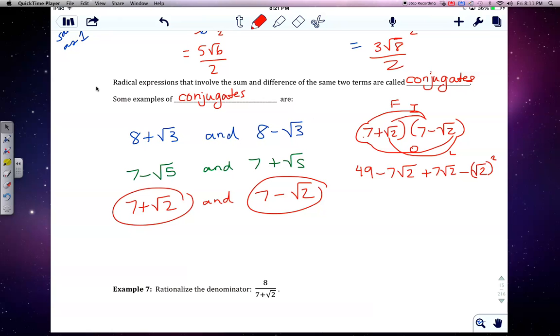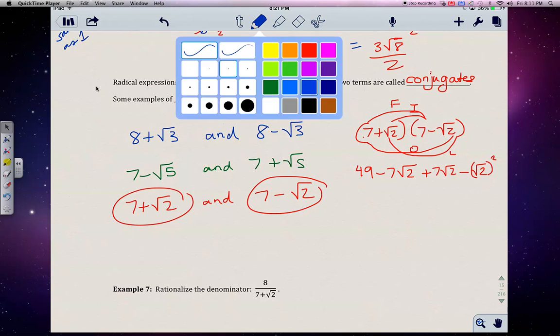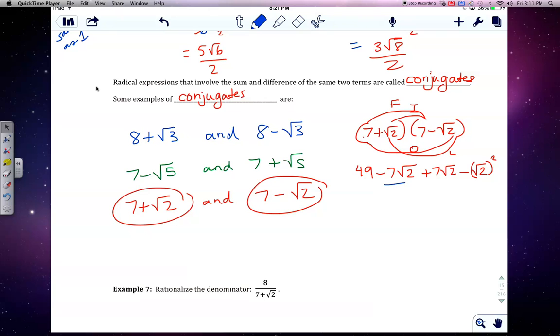Look at this carefully. These two together would add to 0, so negative 7 square root 2 plus 7 square root 2 is 0. So go ahead and drop down the 49 minus the square root of 2 times the square root of 2, which is equal to the square root of 4, which is just 2. Notice how the square negates the square root. I get 49 minus 2, and I get 47.